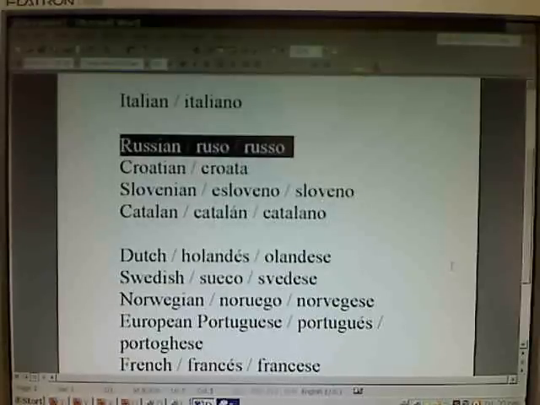I think it's really, really beautiful and melodic and just so pretty. And for me, the sound of a language is a huge factor in the kind of affinity and attraction I'm going to have towards that language. And the sound of Russian is just mesmerizing.